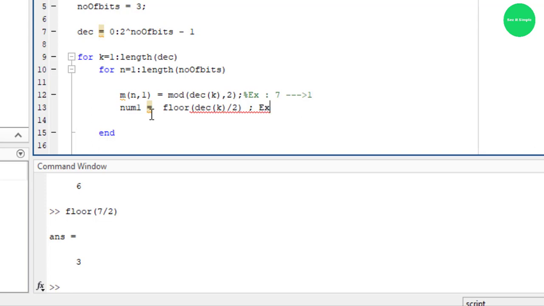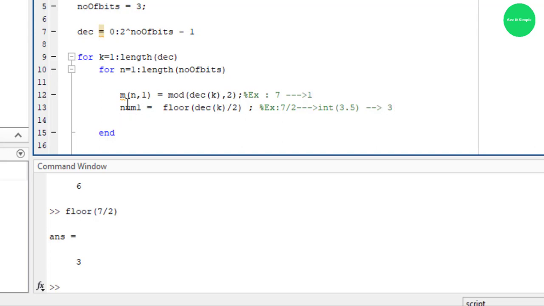For example, 7 by 2 is 3.5. I think you know what casting is, I show you like that. It's 3.